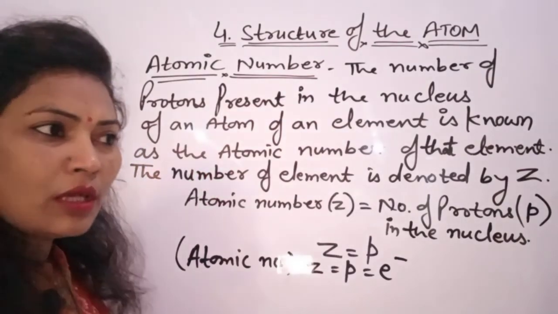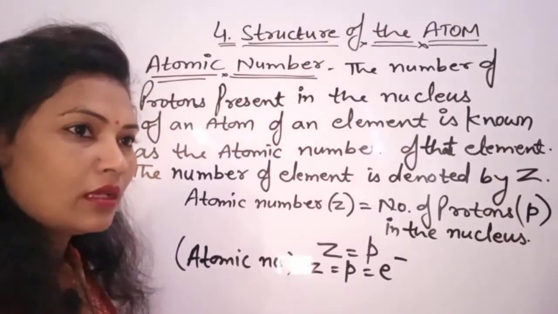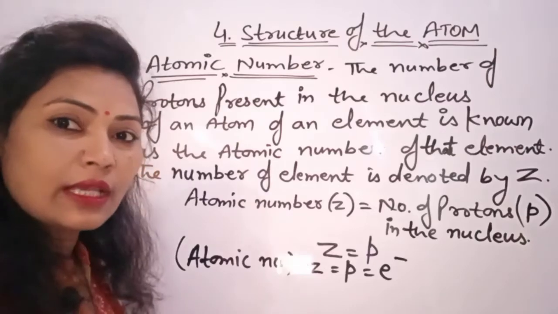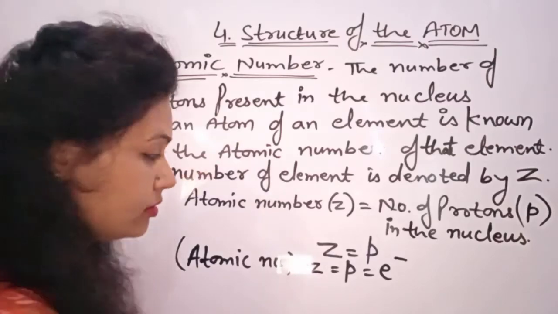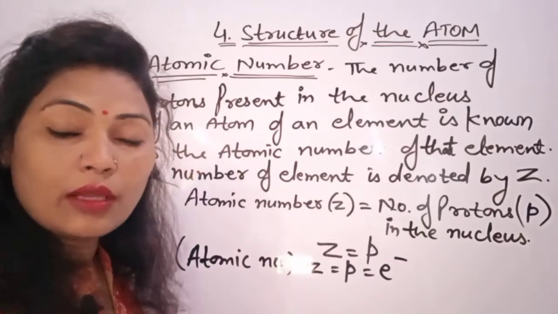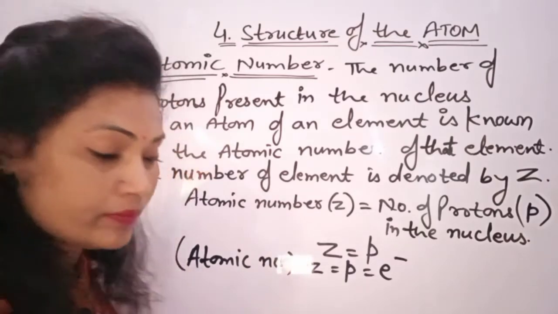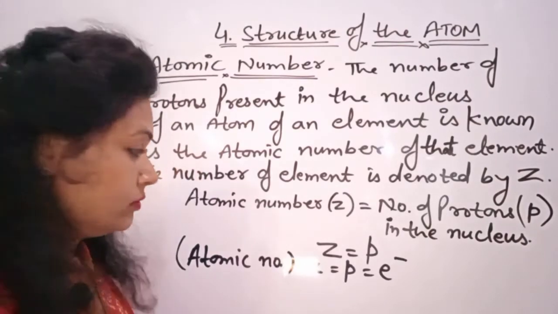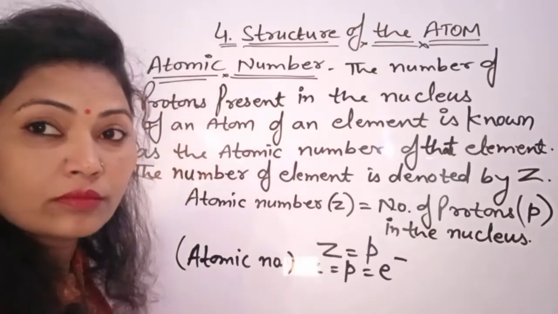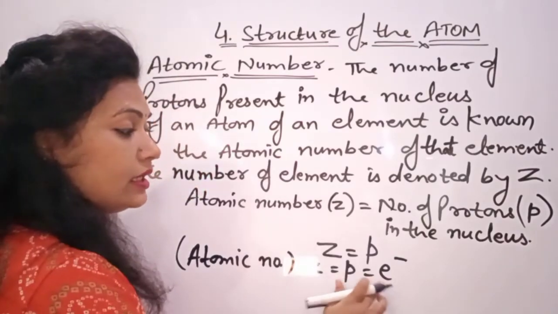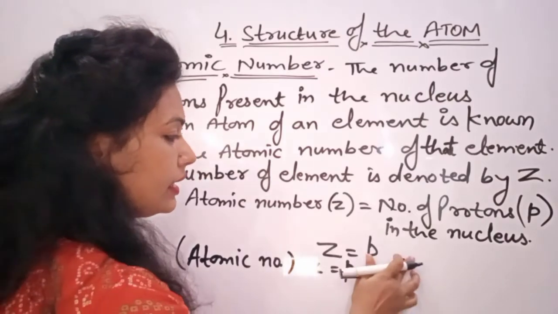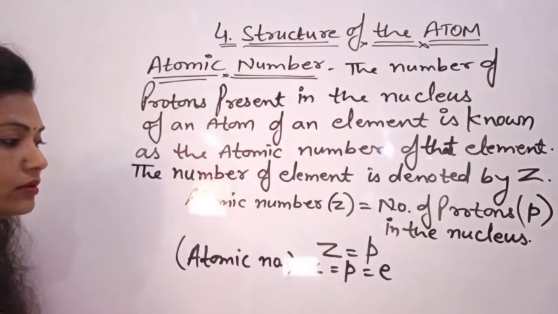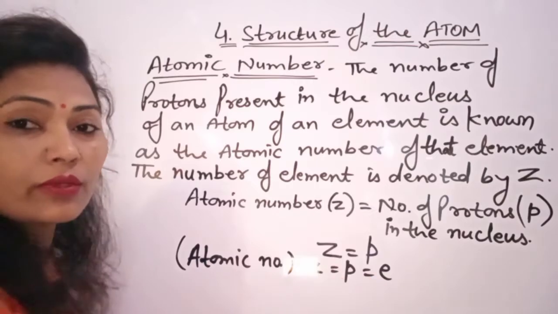So if the atomic number of sodium is 11, then the number of protons in sodium is 11, and the number of electrons is also 11. So that is Z equals P, P equals E.